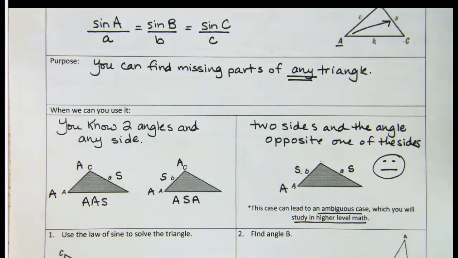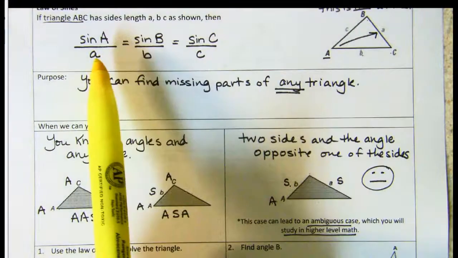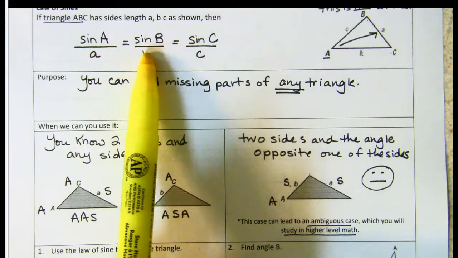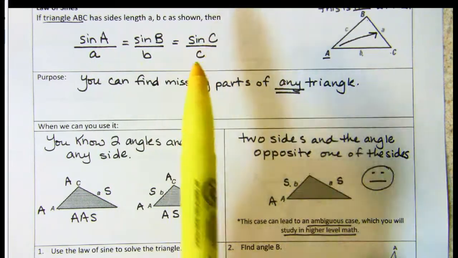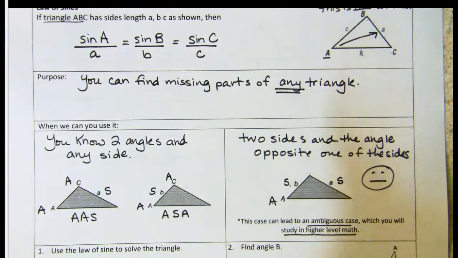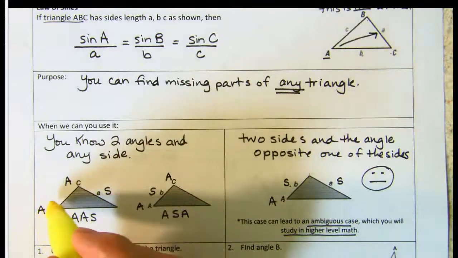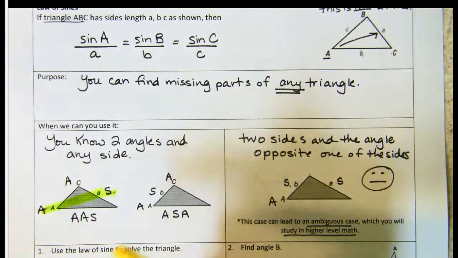Before we move on, I want you to see why these cases work. If you look back up at the law of sines, we will be using two of these, like this one and this one, or the first and the third. So we basically need three pieces to find the fourth unknown. The key is typically to have an angle and an opposite side.